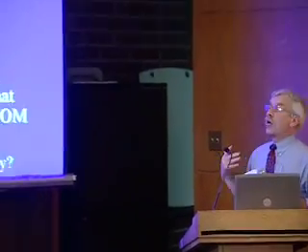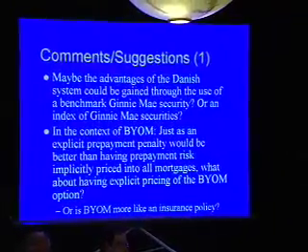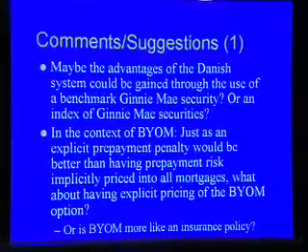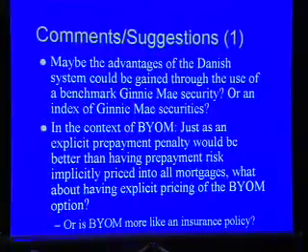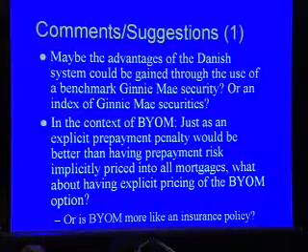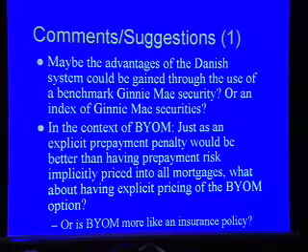I've been scratching my head on this question of whether having the BYOM option priced into the mortgage is the right way to go about it. We do know that having the prepayment option priced into mortgages is not a good way to go, because everybody's paying for it. You'd like instead to have some kind of explicit prepayment penalty.